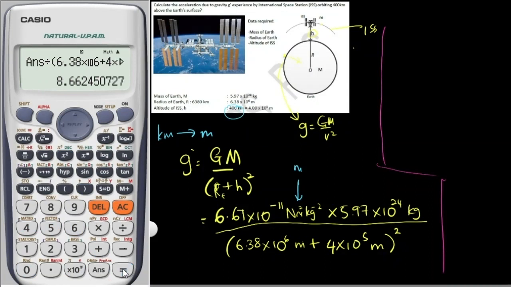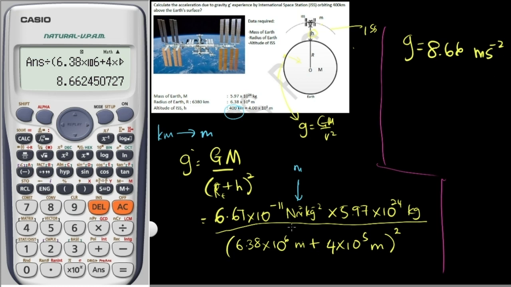So we will get the value of g equals 8.66, and the unit is meter per second squared.